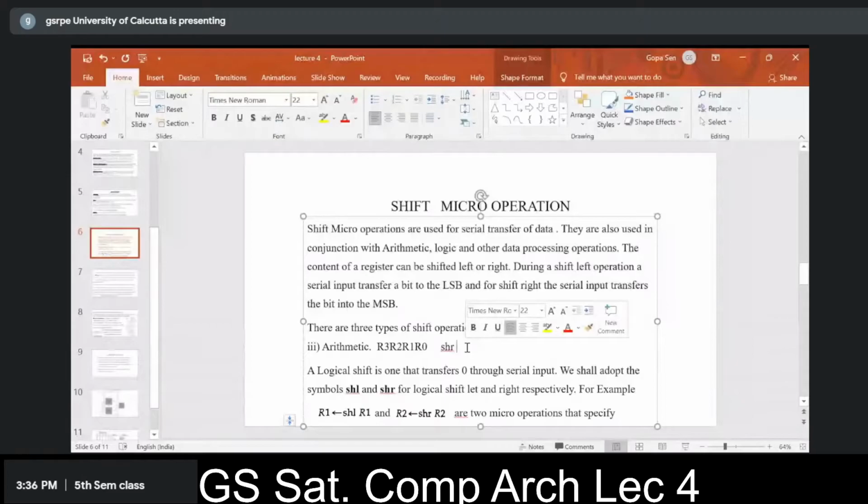So it will be 0, R3, R2, R1, and R0 will be lost. So this is clear. This is known as logical shift left or logical shift right, which is symbolically represented by SHL or SHR. And whenever we symbolically represent it, the source and the destination register will be the same.